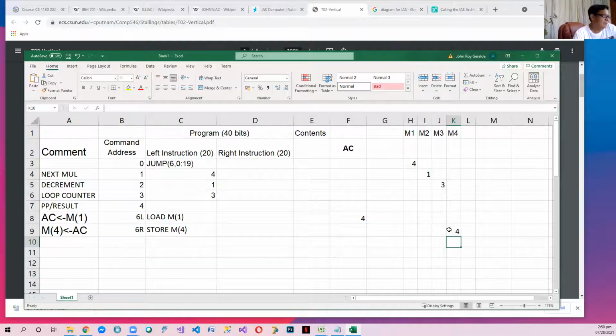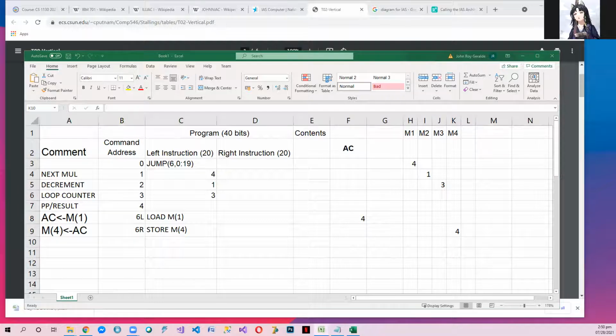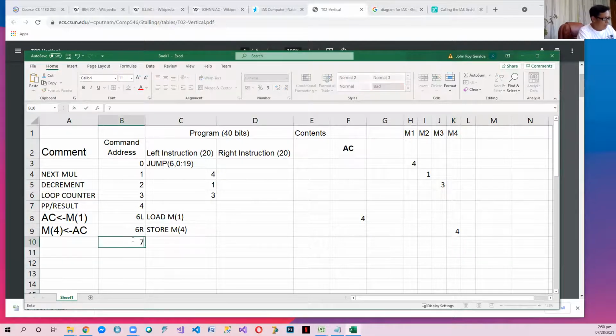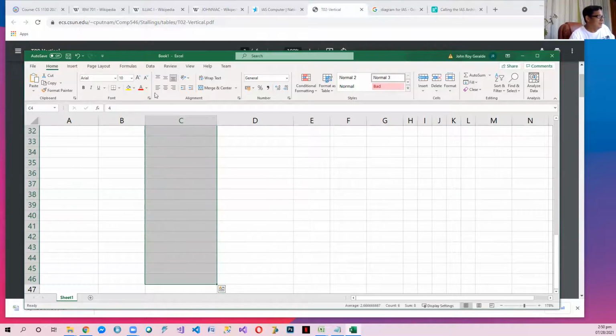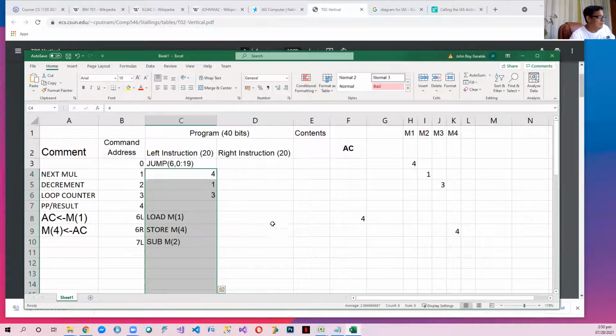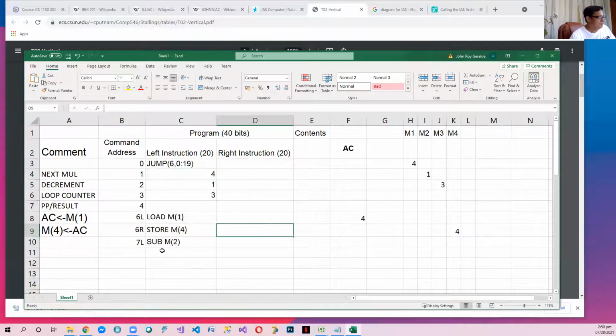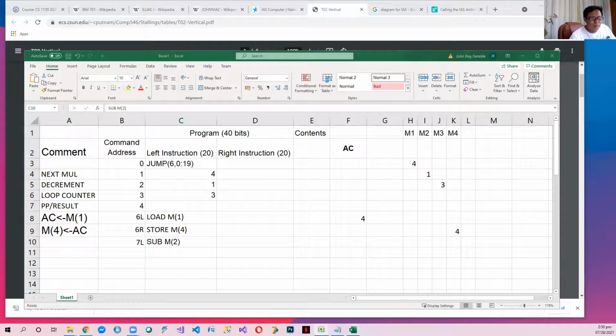Okay. Yes, sir. And then we will have a sub M2. We'll compute the next. This is now 7L. Okay. Let me just change the, kasi naka-ano siya. I'll have to change it that way. No? So that I don't have to do it every time. So sub M2, what will we have? I'll just copy it from the previous code.